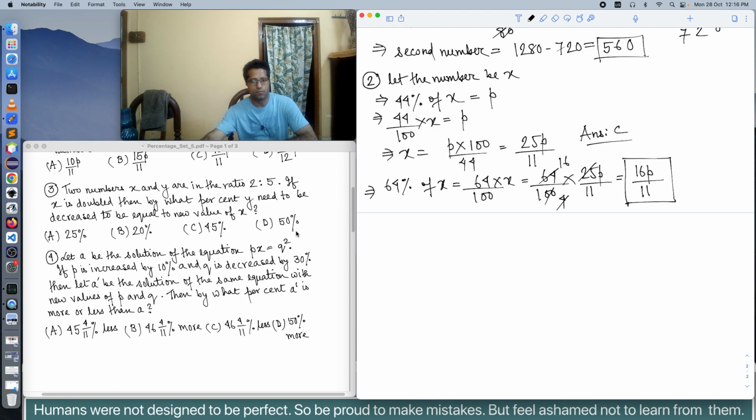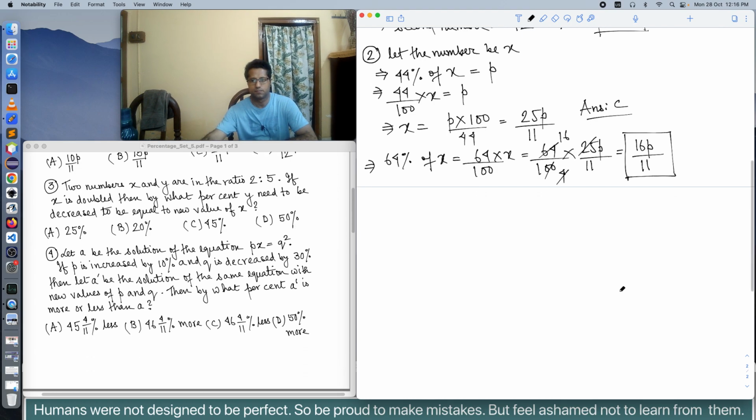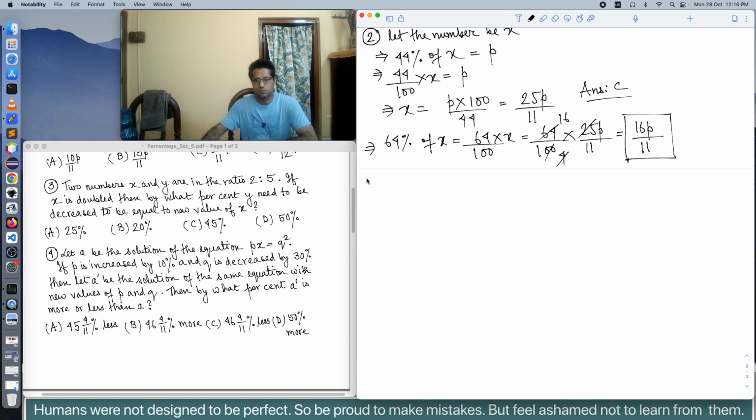Okay, let's do problem number 3. Two numbers X and Y are in the ratio 2:5. If X is doubled, then by what percent does Y need to be decreased to be equal to the new value of X?